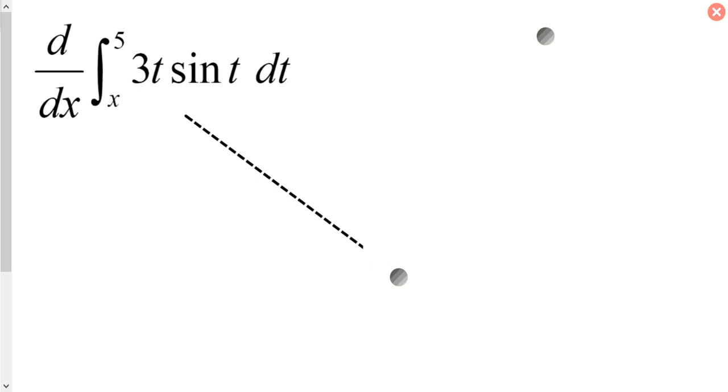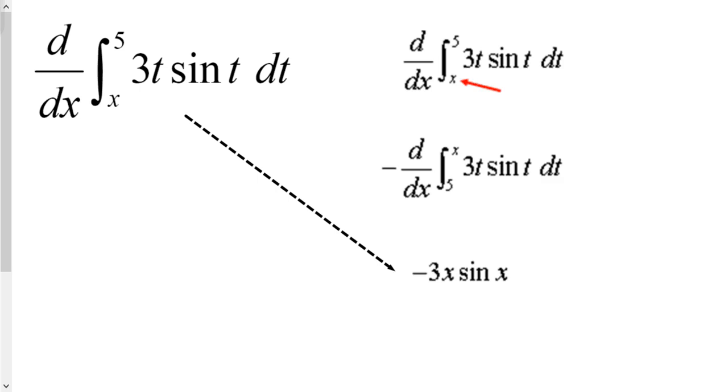This one, a little bit weird, right? Because you have the 5 on the top and the x on the bottom. So what I have printed here explains that you could choose to reverse the bounds and use one of your properties, right? You know that when you reverse the bounds, you just need to throw an opposite sign out in front. That is something you could do here. And then you could say, all right, I'm plugging in this bound, and it's just a naked x, so I'm good to go.